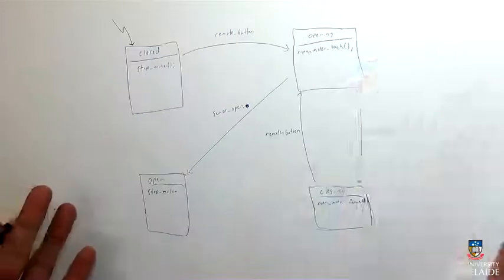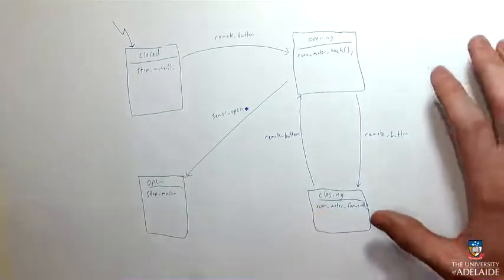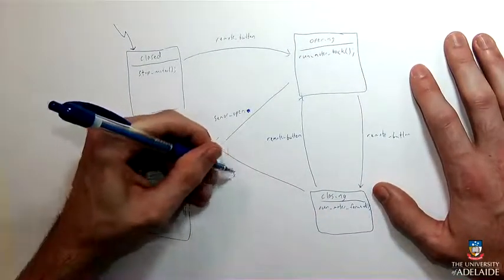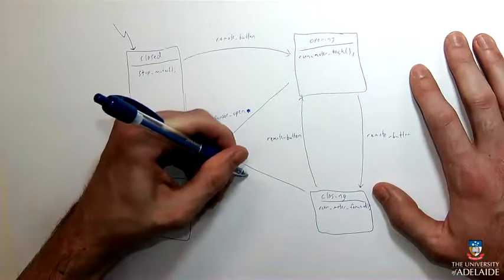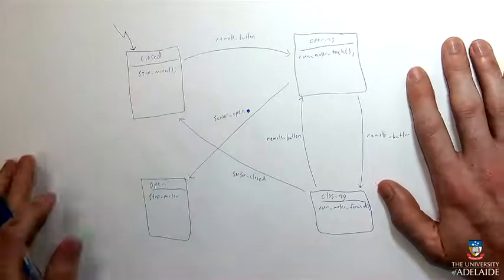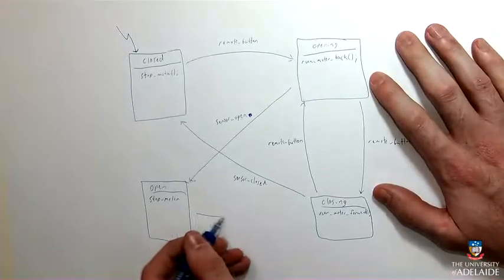That's just what happens when the open sensor is triggered. We're in the open state, and if we're closing and the closed sensor is triggered, and we end up in the closed state, and that's all fairly straightforward. And finally, remote button.